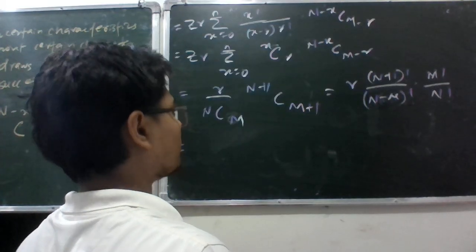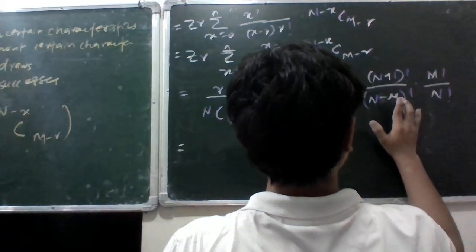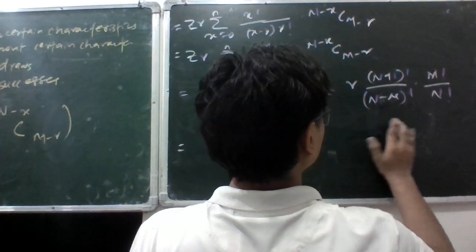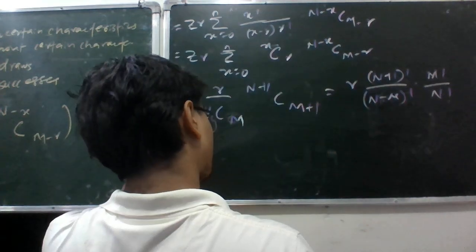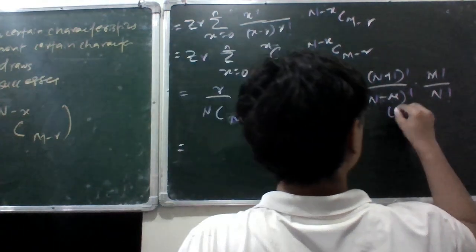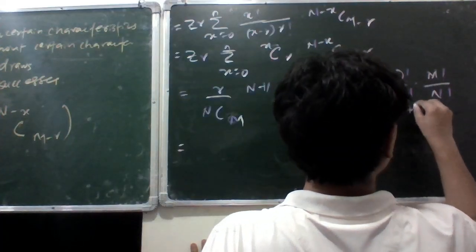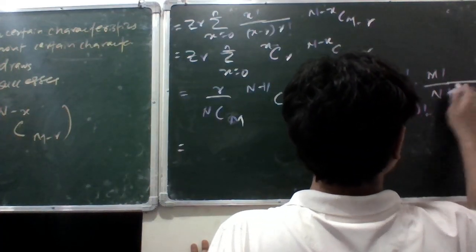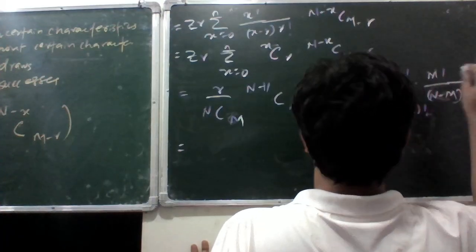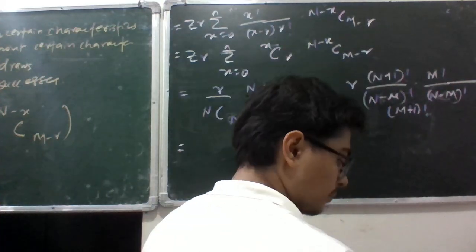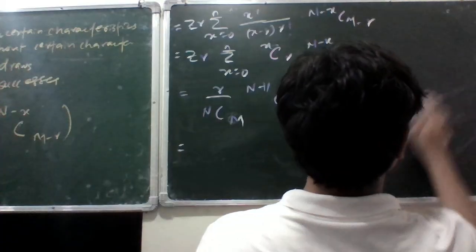Is it n minus m? Wait a second, I'm confused here. Okay, yes, we also have m plus 1 factorial. Okay, let me write it correctly.